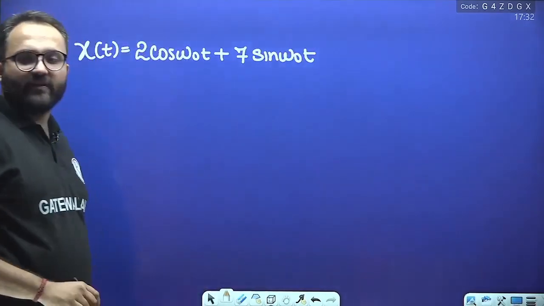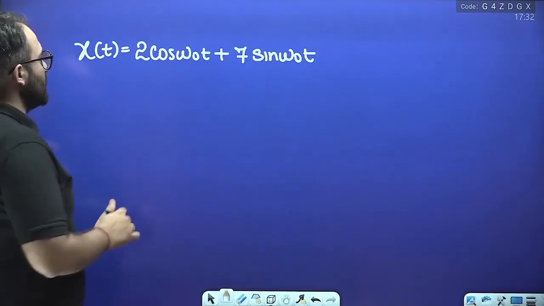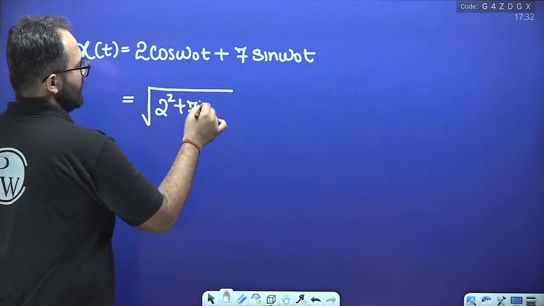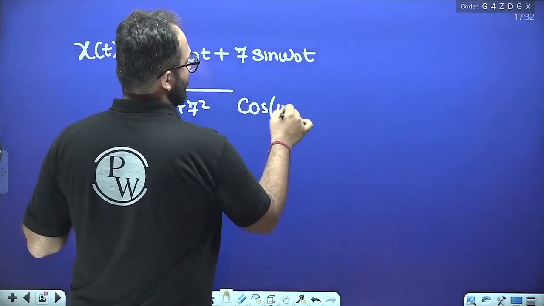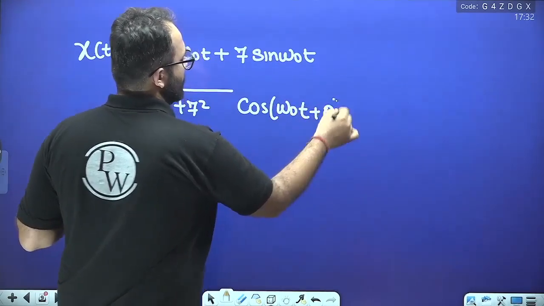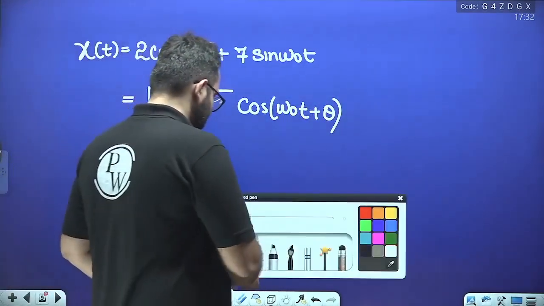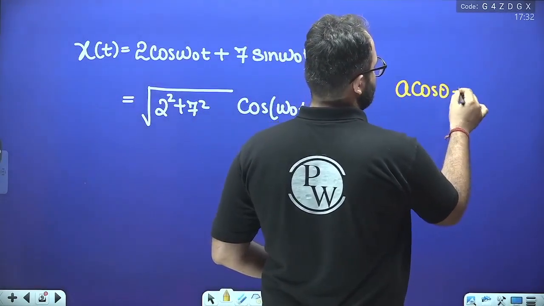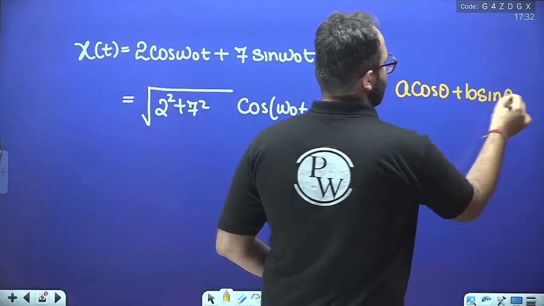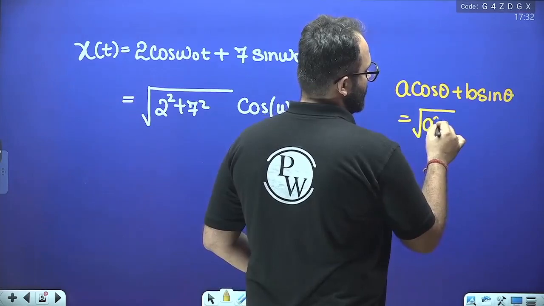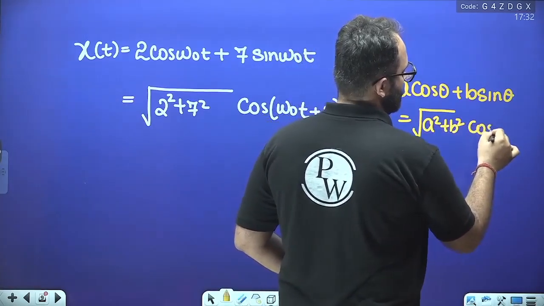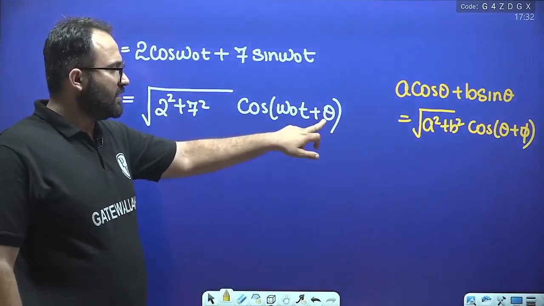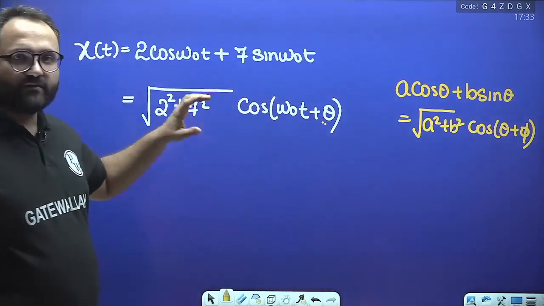Now, since they are of the same frequency, they will not be orthogonal to each other, and we will write it like this: under root of 2 square plus 7 square, cos of omega naught t plus phi. You know this formula? I hope all of you are very much aware of this. That is a cos theta plus b sin theta is equal to under root of a square plus b square, cos of theta plus phi. We don't need what is phi actually. We don't need it. Okay, so we get this.